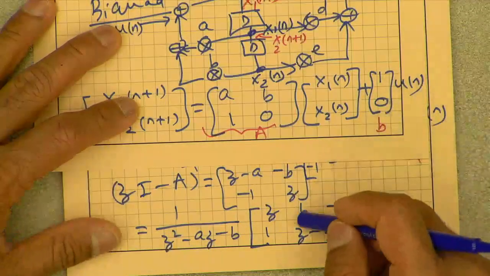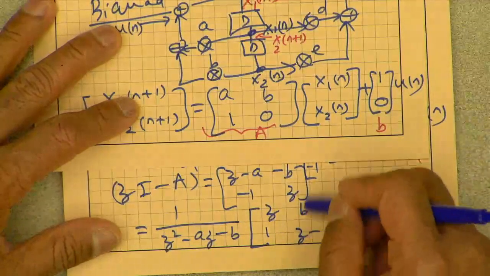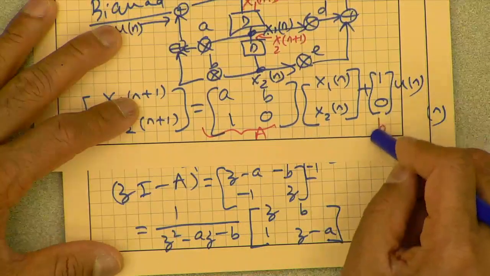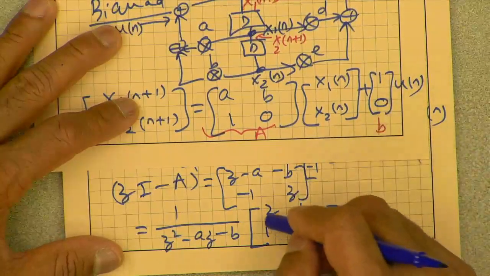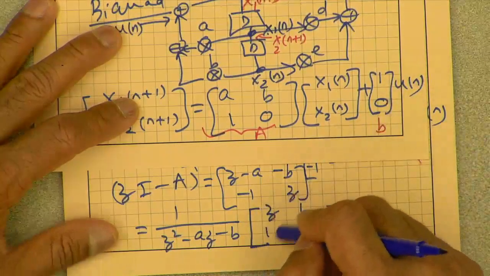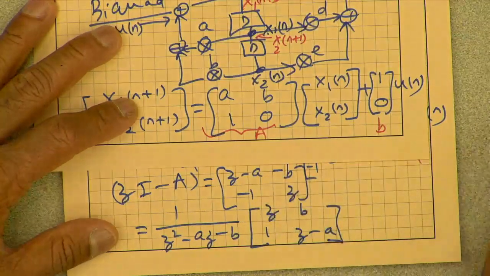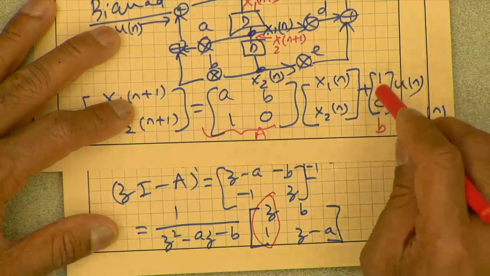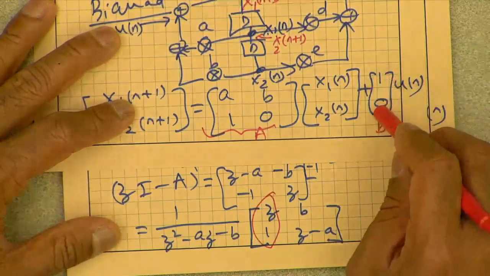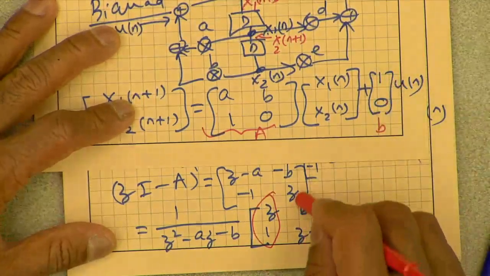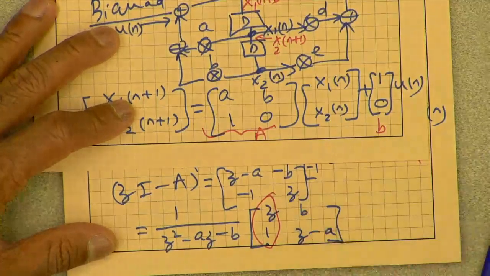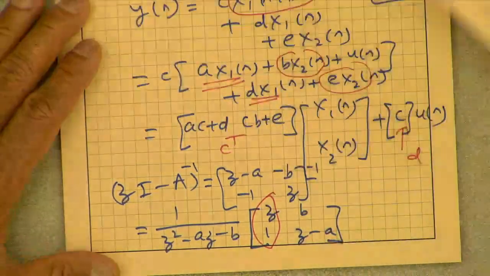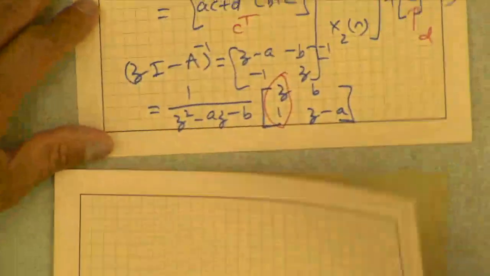Whatever the second column is doesn't really matter, because the second element is 0. So all that remains is this first column, because the other elements are multiplied by 0 and go away.